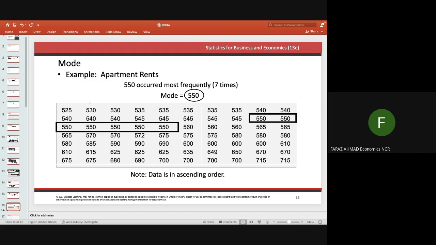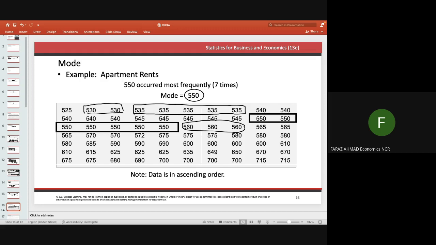If you see 530, it is repeated twice. 535 is repeated 5 times, right? 540 is repeated 5 times. 545 is repeated 4 times. 560 is repeated 3 times. So, what did you say when there are two or more frequencies that are occurring the largest number of times? What do we do then? Okay, so I'll come to that point after this.